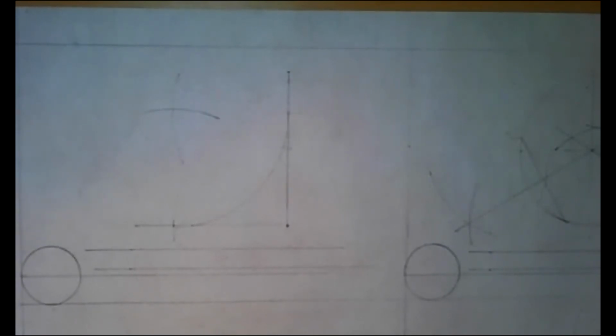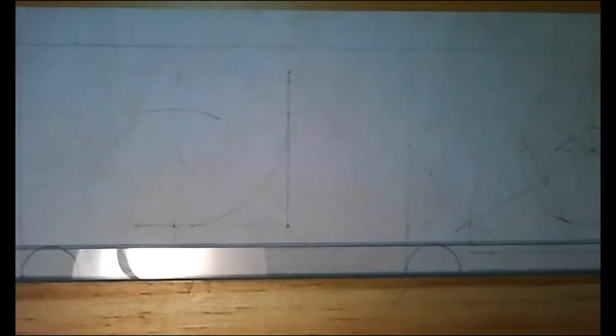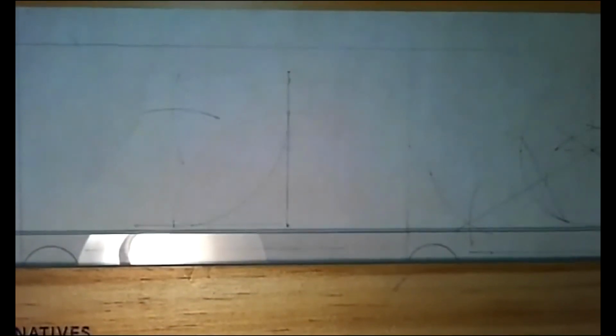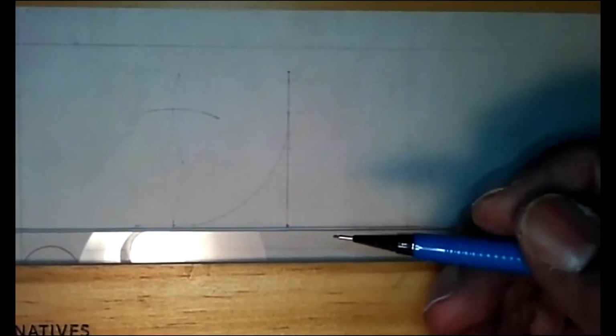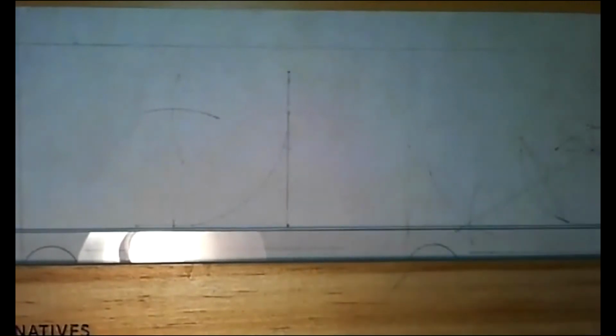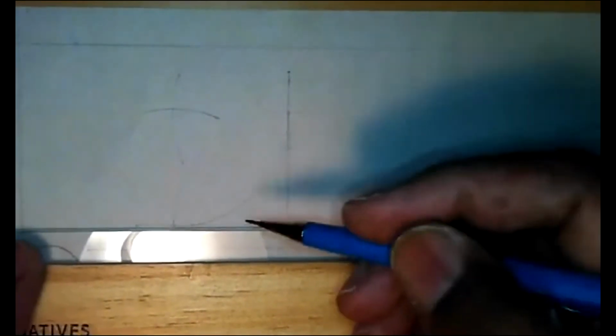Thin and dark. All right, so what I'm going to do, I'm going to darken in the horizontal and vertical lines first. That's what I'm going to do. And I'm just adding extra pressure.